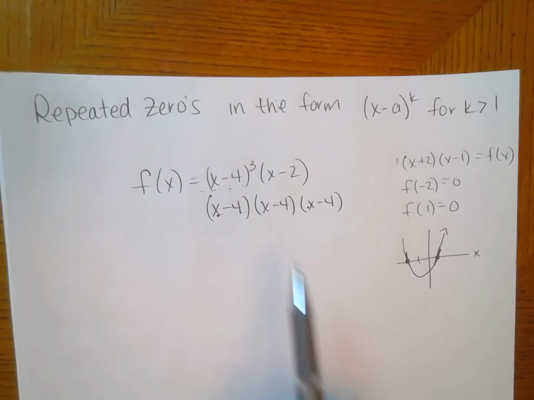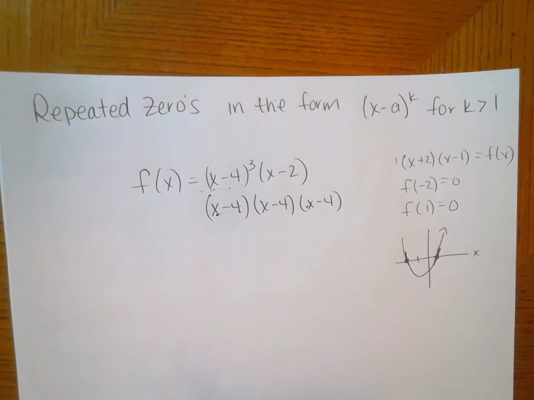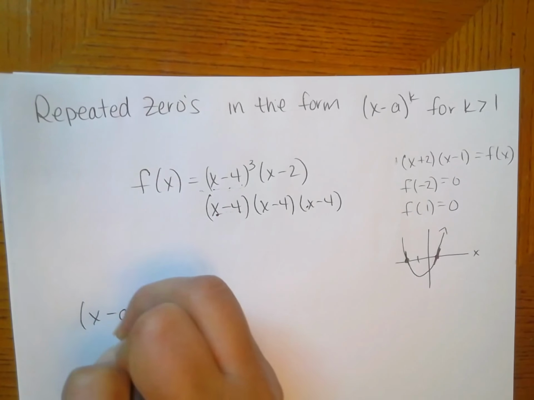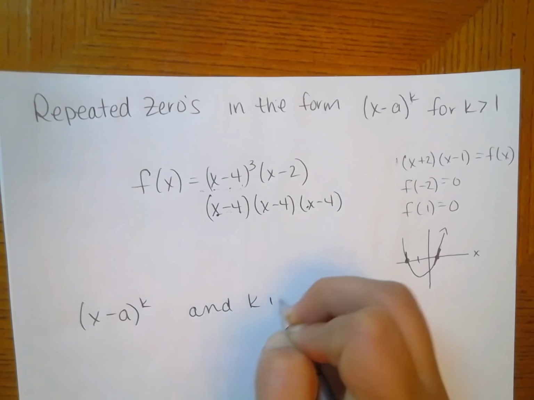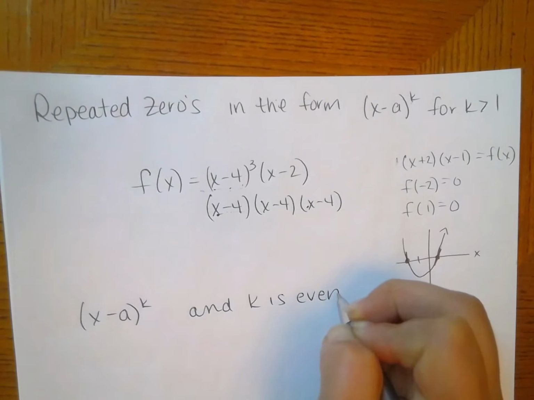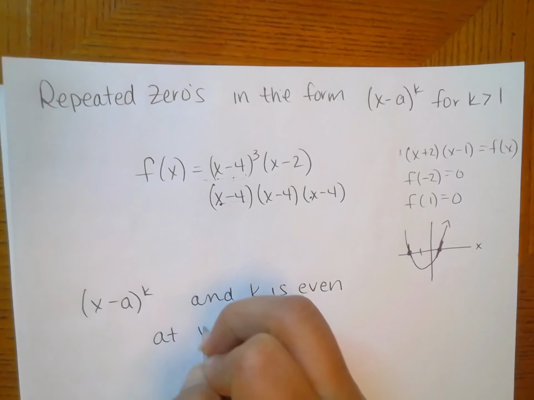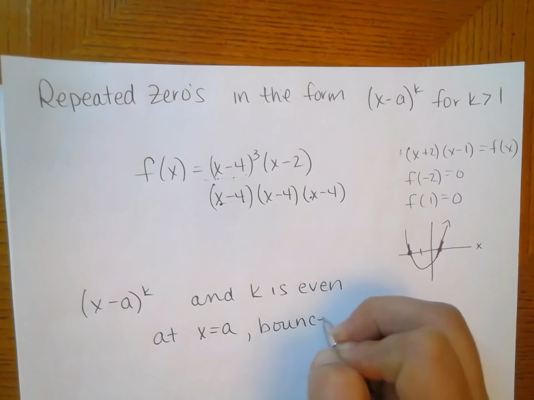Now when I get a repeated zero, that doesn't always happen. Let's look at x minus a to the k, where k is even. Then what ends up happening at x equals a is what I call a bounce.